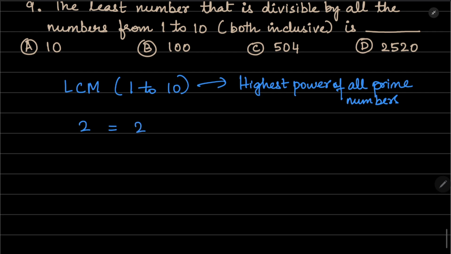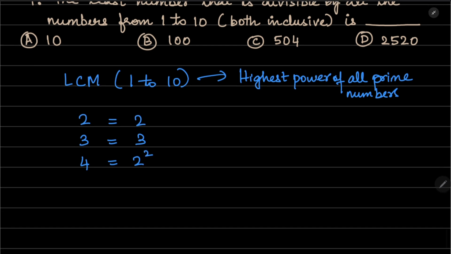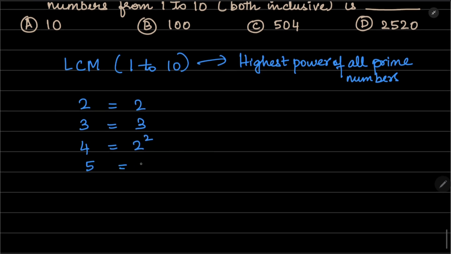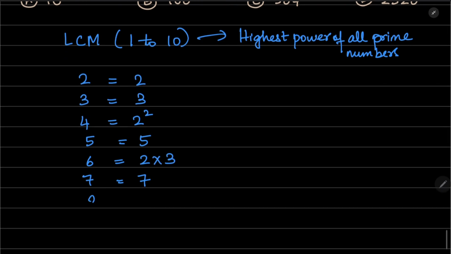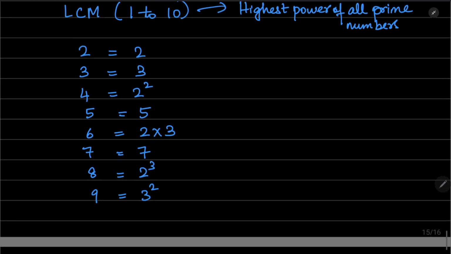It's just 2. 3 is a prime number, as such 3. 4, when you prime factorize it, you get 2 square. 5, again 5. 6, I can write it as a product of 2 into 3. 7, again a prime number. 8, I can write it as 2 cube. 9, I can write it as 3 square. And 10, I can write it as 2 multiplied by 5.